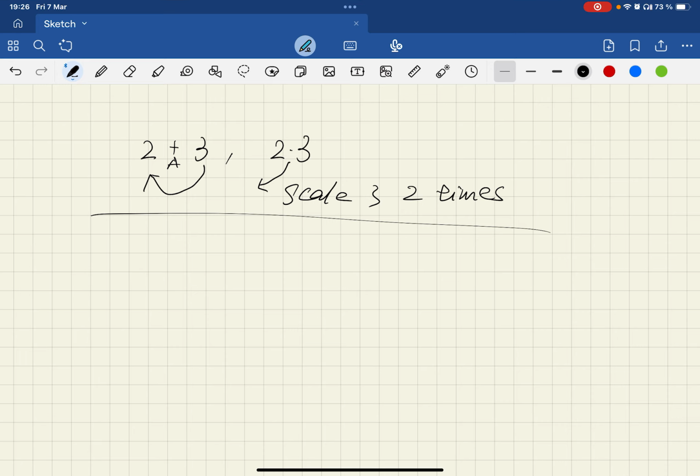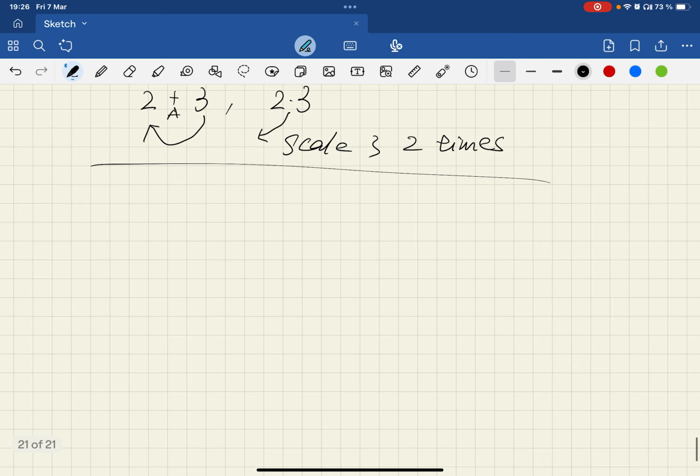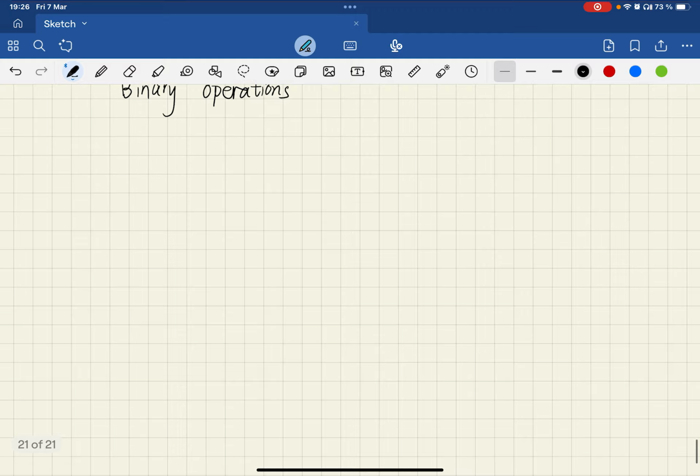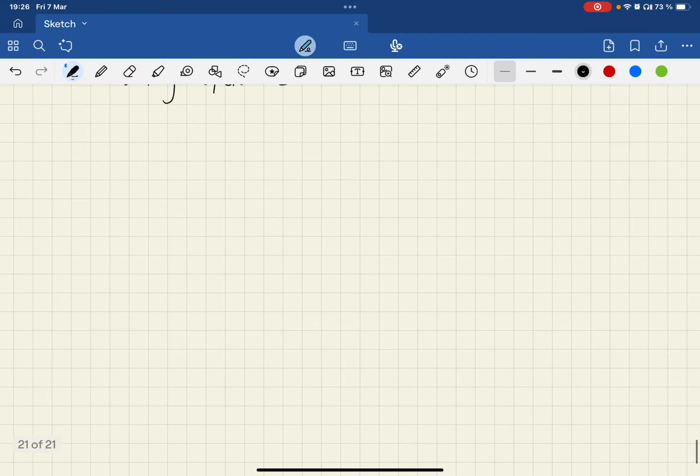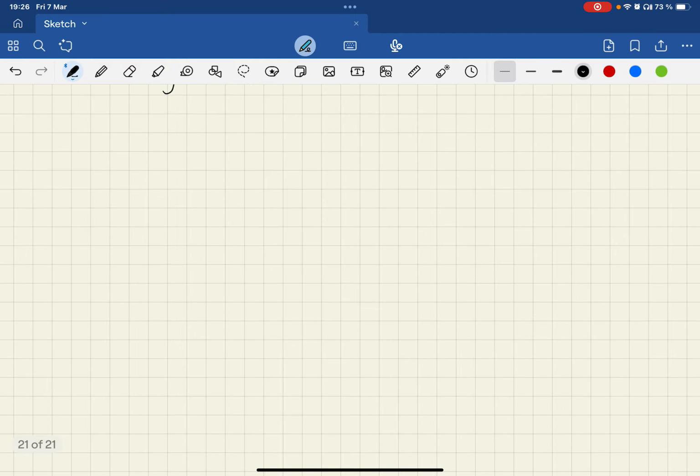These are common binary operations for numbers and vectors. Now, to formally introduce vector space, we first want to know what is commutative and associative.